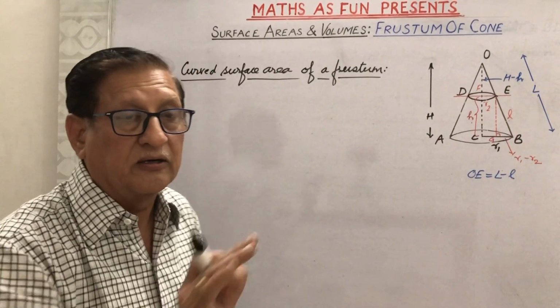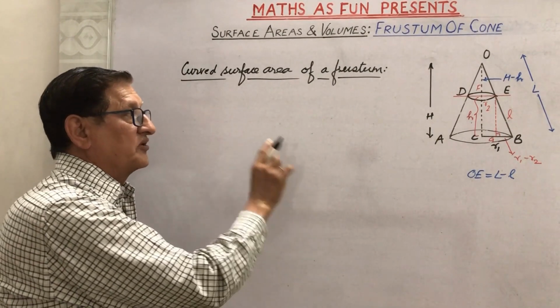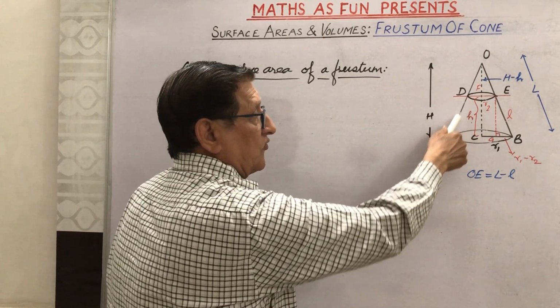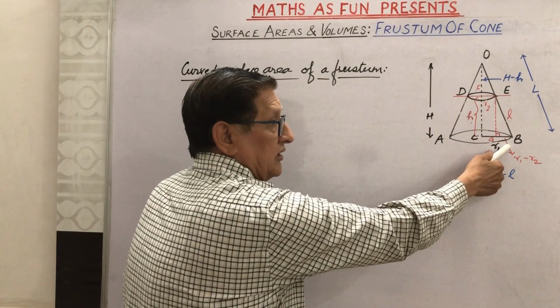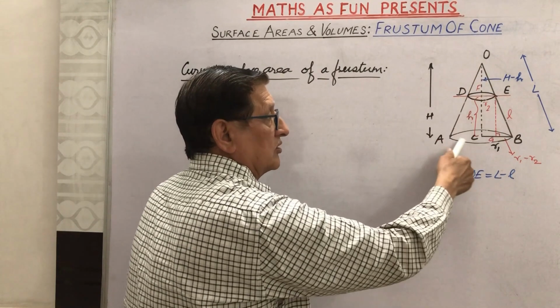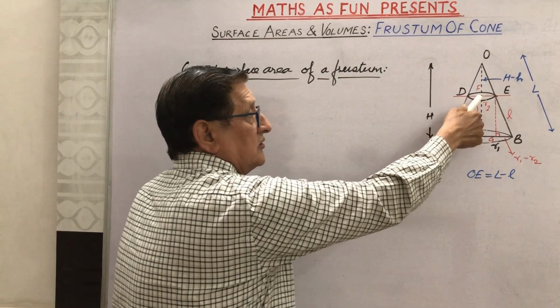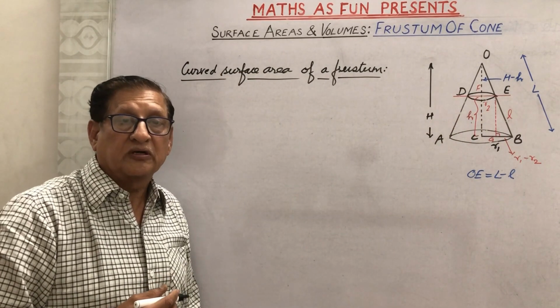So we can write here, the curved surface area of the frustum of a cone will be the curved surface area of the total cone minus the curved surface area of the upper part of the cone.